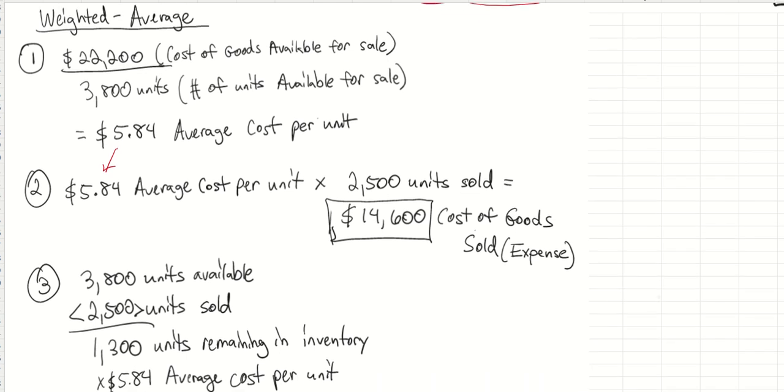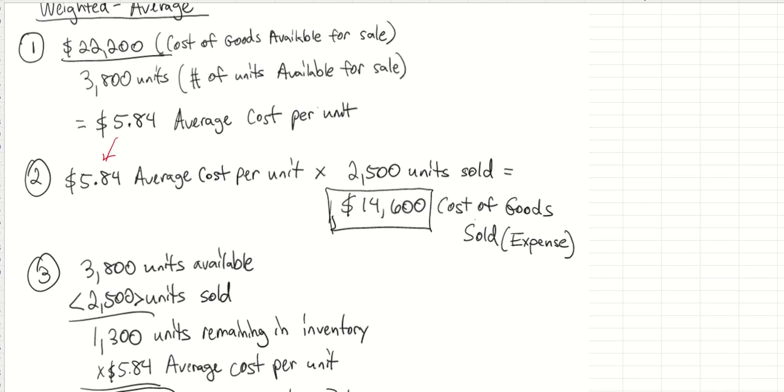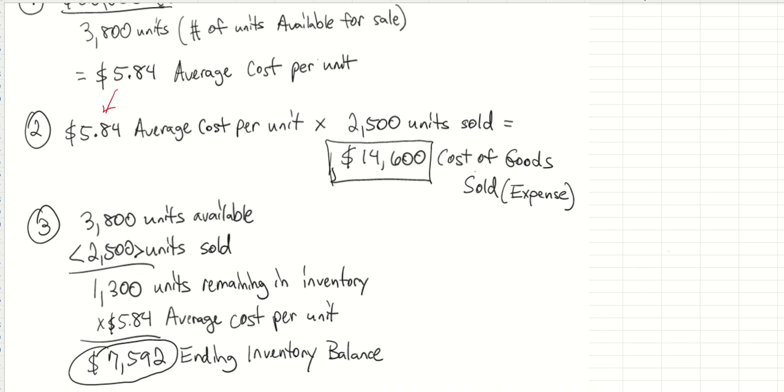Now you're going to take those 1,300 units remaining, and multiply it by that average cost per unit that you determined in step one to get $7,592 as the ending inventory balance.